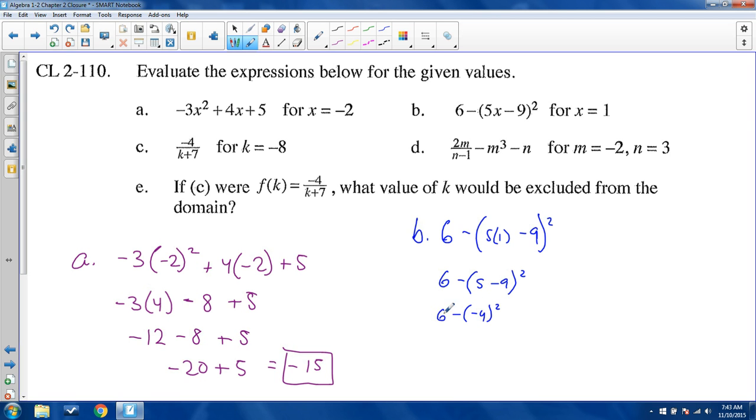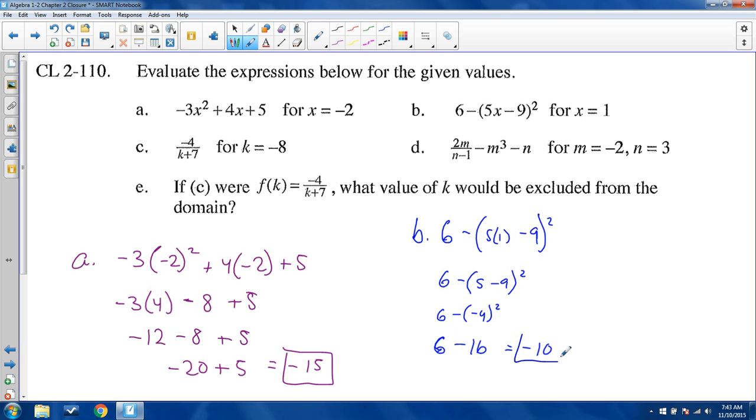All right, here I have 6 minus -4 quantity squared. Well, order of operations, let's do the exponent first before we subtract. I'm not going to change these signs yet and square it. This only applies to this. -4 squared is -4 times -4. That's positive 16. Now, I'm going to do 6 minus positive 16. 6 minus 16 gives me -10.